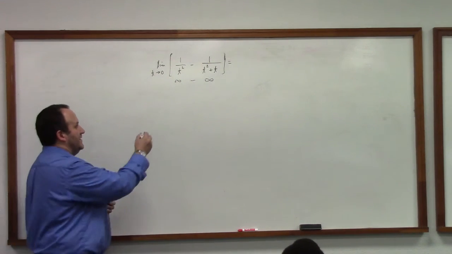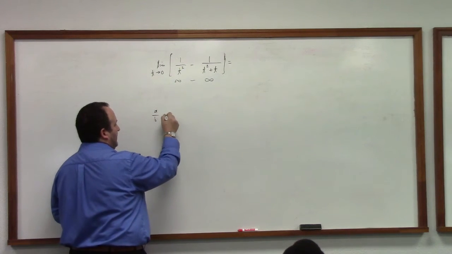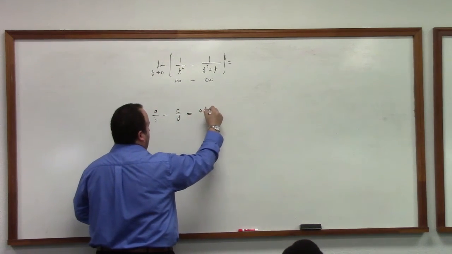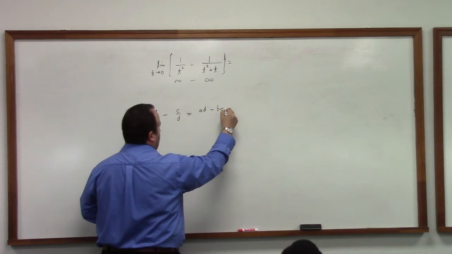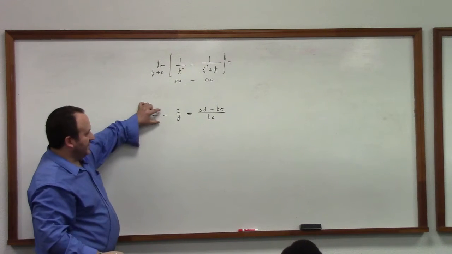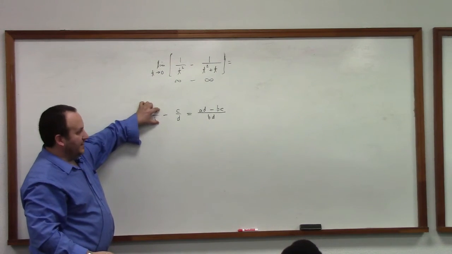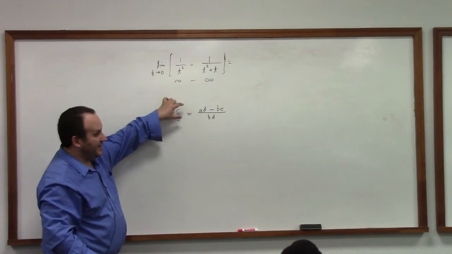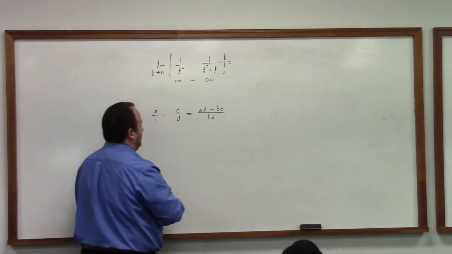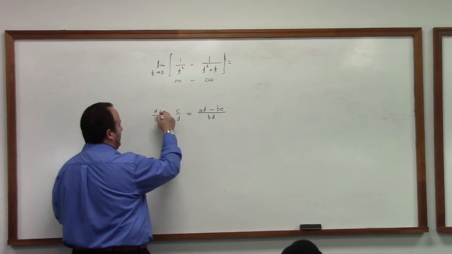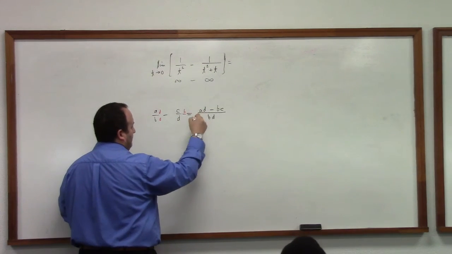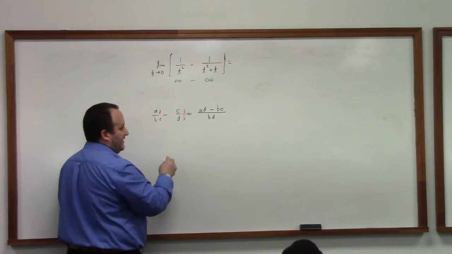If I've got something like a over b minus c over d, the algebra step is ad minus bc over bd, which amounts to multiplying the first one by d over d and the second one by b over b, so that they have a common denominator bd. So they have a common denominator.